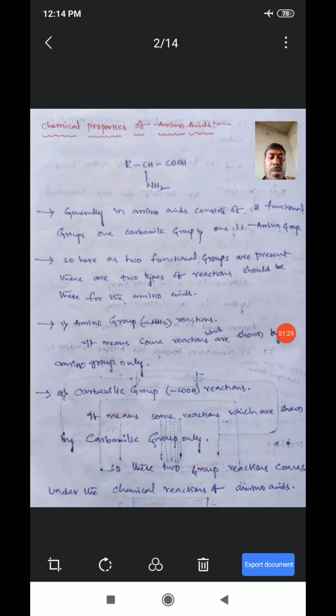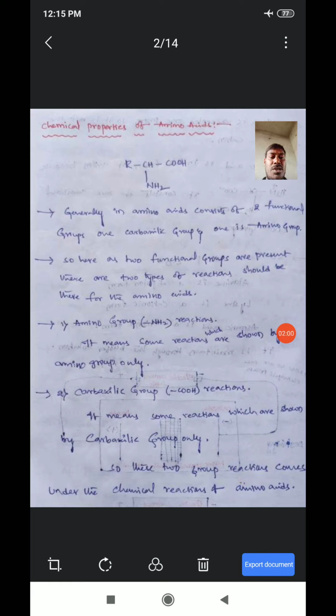One is amino group, NH2 group reactions, which are reactions shown by the amino group only. The second is carboxylic group, COOH group reactions, which are shown by the carboxylic group only.